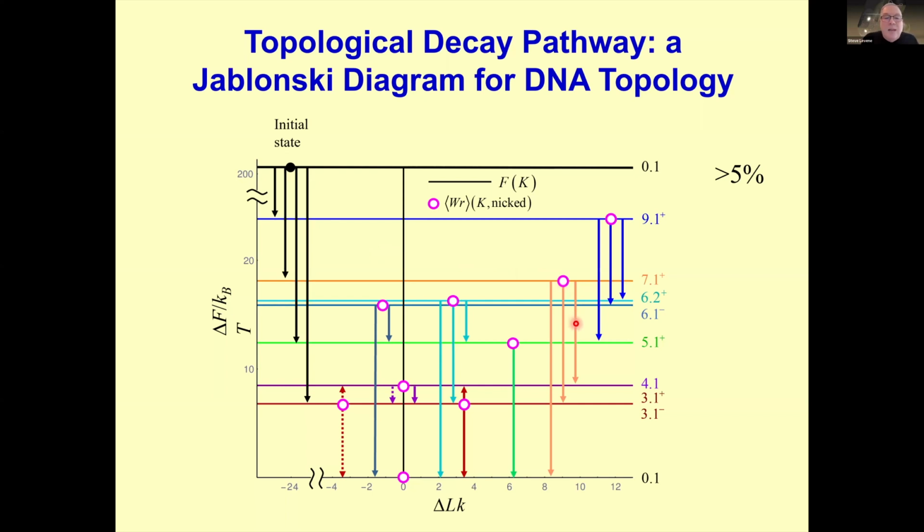One of the things I'd like you to notice here is that there is, in fact, a pathway that allows you to get to the trefoil knot of opposite sign handedness. So the negative trefoil versus the positive trefoil. And that is something that we actually observe experimentally, as I'll show you in a few slides.